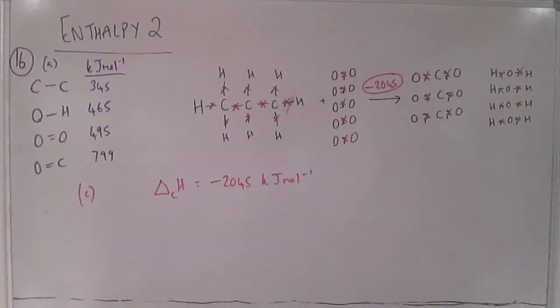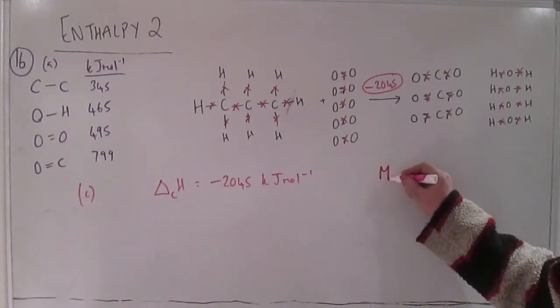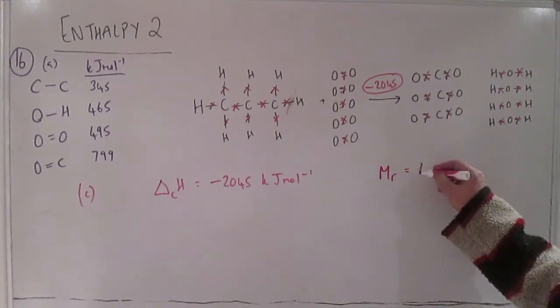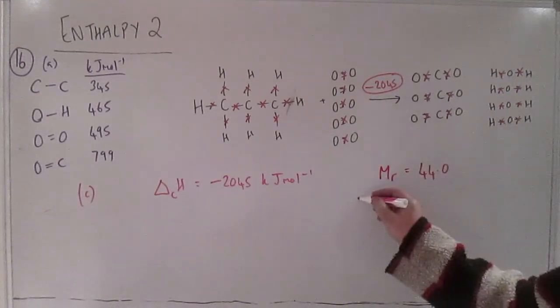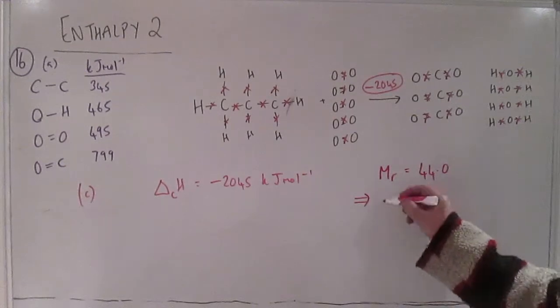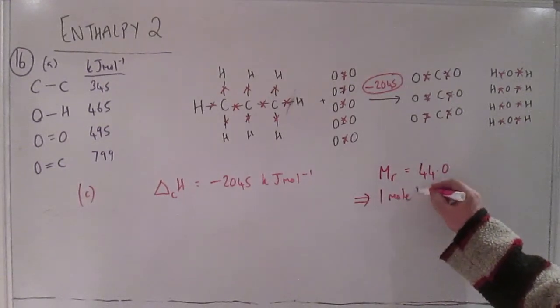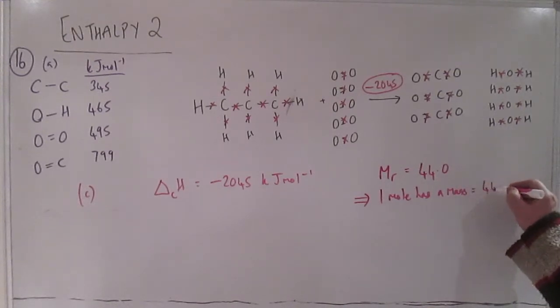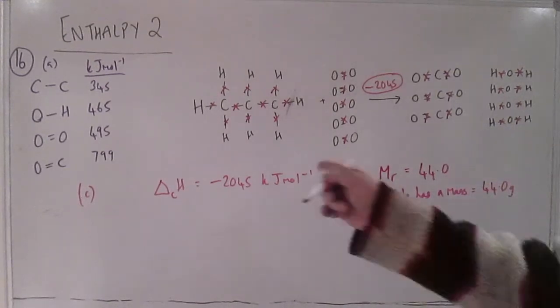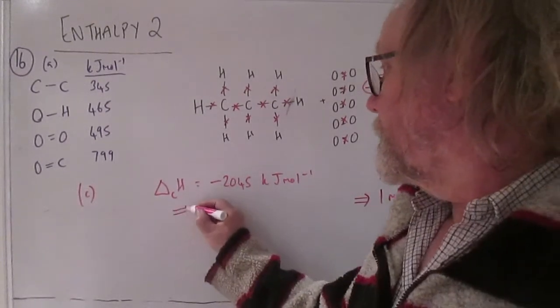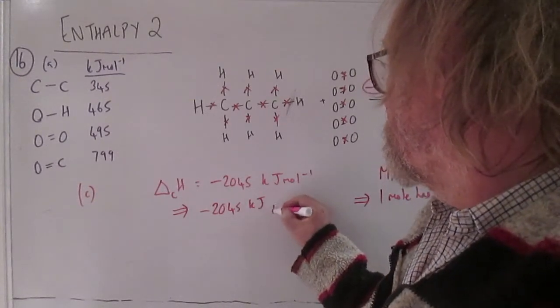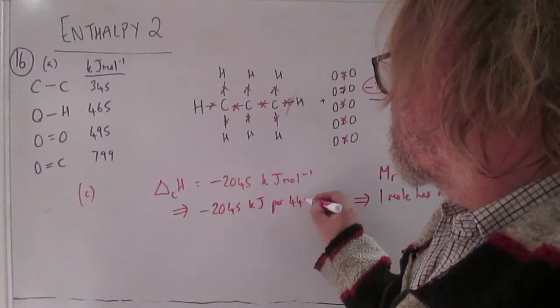So to do that, you work out that the Mr, so it's C3H8, so 3 12s are 36, plus 8 is 44.0, which means that the molar mass, in other words 1 mole, has a mass equal to 44.0 grams.